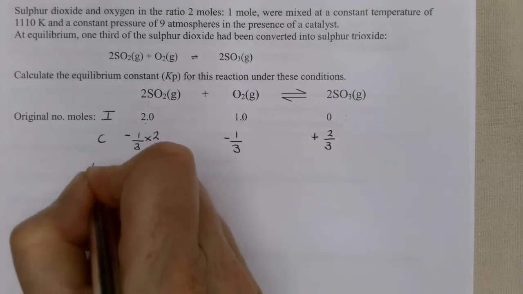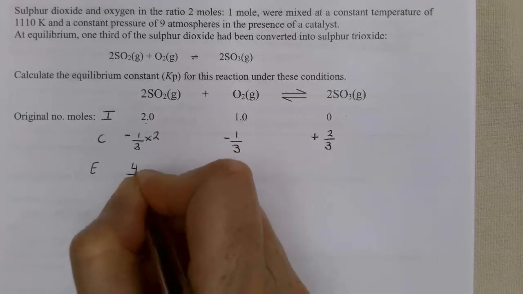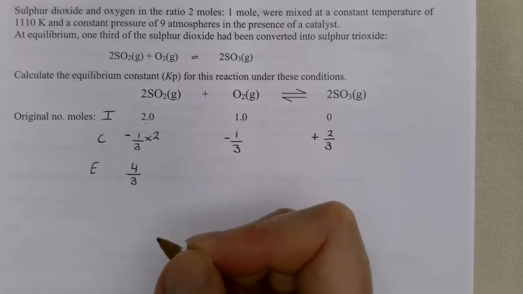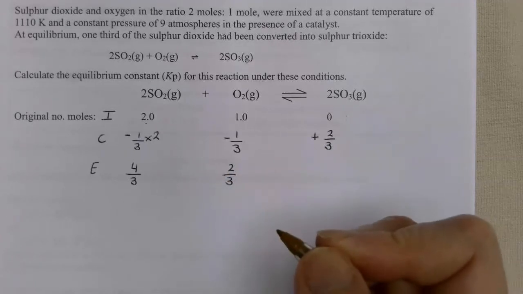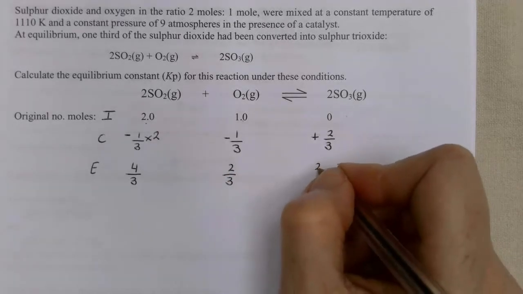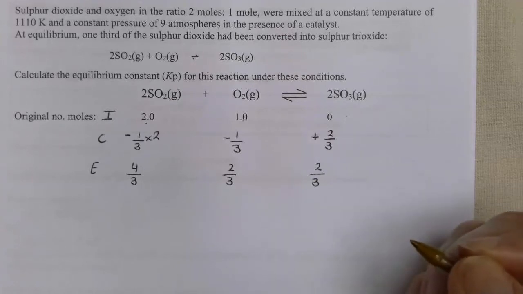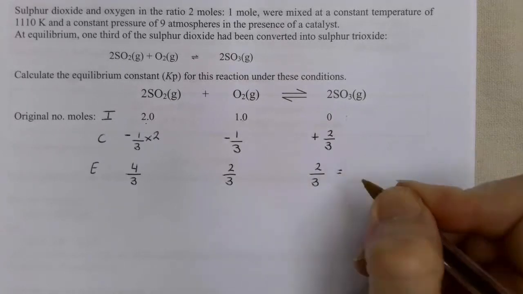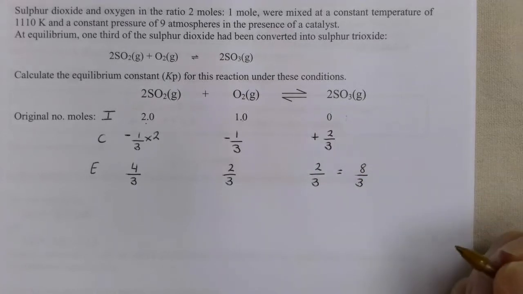So at equilibrium, keeping it as thirds at the moment, I have 4/3 of a mole of sulfur dioxide. I have 2/3 left of my oxygen, and I've made 2/3 of my sulfur trioxide. If I add those all together, I get 8/3 total.